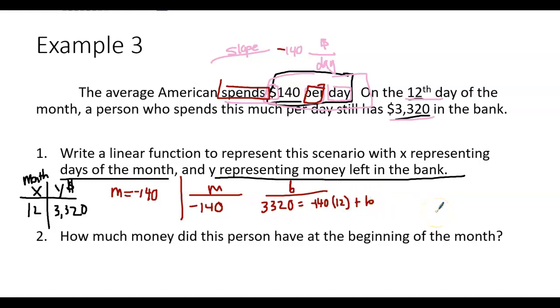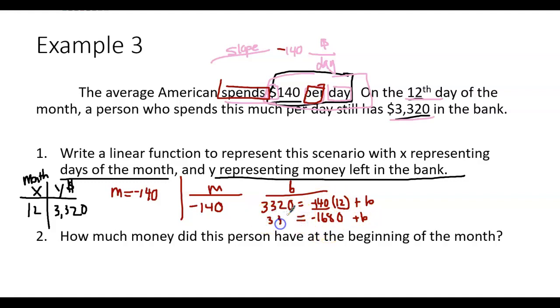So 140 times 12. Well, I'm going to use my calculator here. I don't have the brain power to do that. Let's see. 1680. So we're looking at negative 1680. So that's 12 days, right? Spending $140 every day. So 140 times 12 is, we spent a total of 1680.